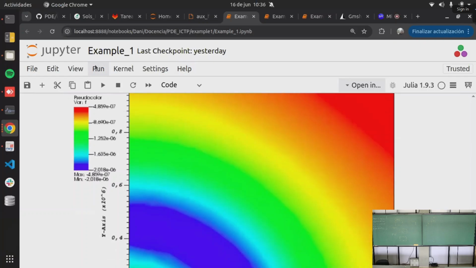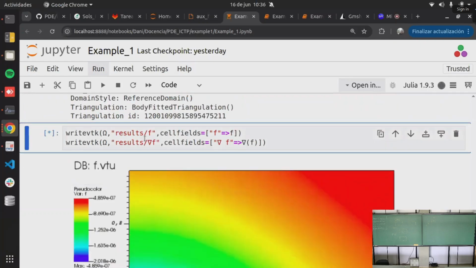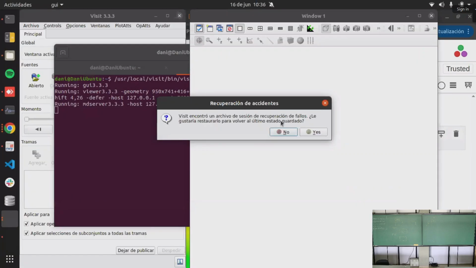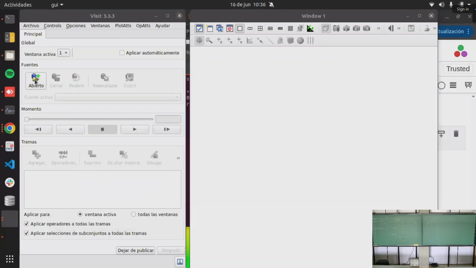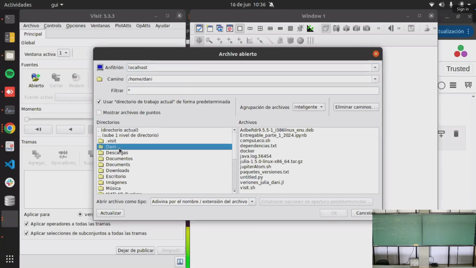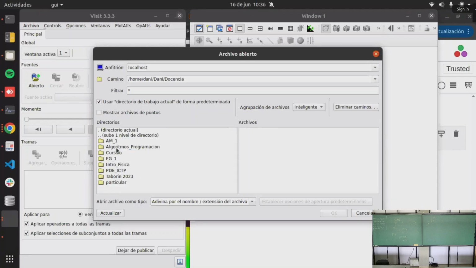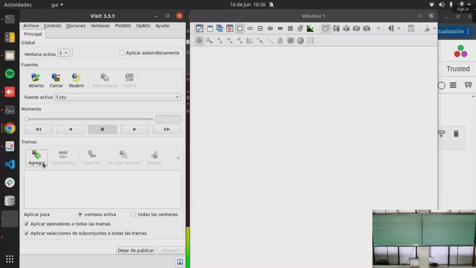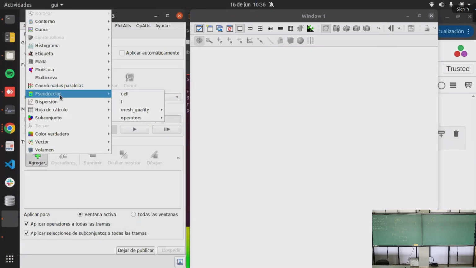Yeah, you have it in there. That's right. I write the solutions in this file. So let's visualize it. I will open the folder, sample one, results, and let's visualize the F solutions. It's a scalar one, so I use a pseudo color to visualize it.